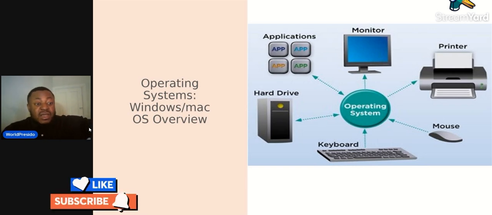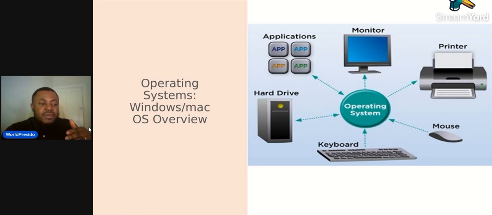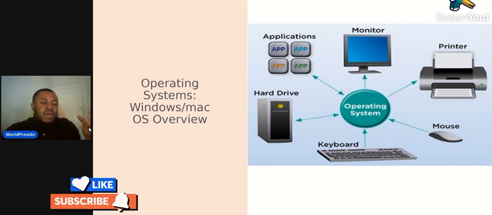So the operating system of the computer is the mind of the computer. It runs all the different programs that exist in the computer. Are you able to relate to that? Yes. It's like the mind runs everything that happens in the human being.